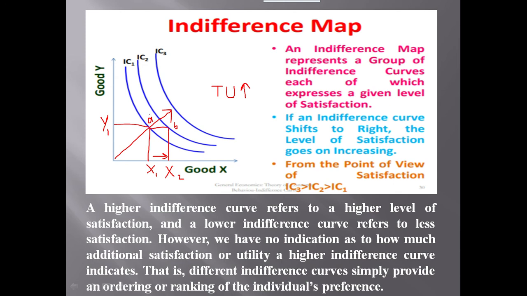Now the individual is on IC2, which shows a higher level of satisfaction or utility. To keep the individual on the same indifference curve, IC1, the consumer must give up Y1.